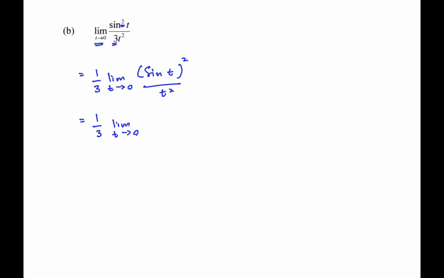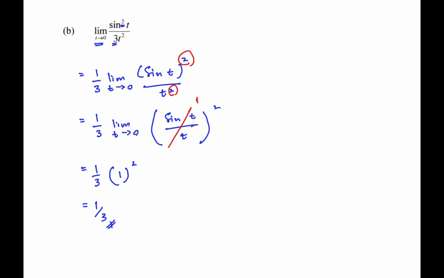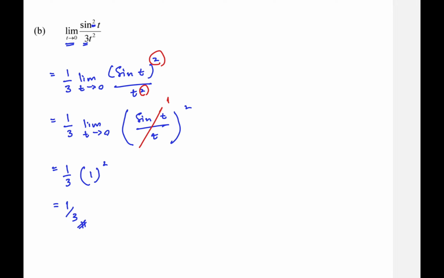Since both the upper and lower parts are squared, we can combine them and get (sine t over t) squared. We know that sine t over t equals 1, and then squared, we get 1 squared. So 1 over 3 times 1 squared equals 1 over 3. This is the answer for question B, which is 1 over 3.